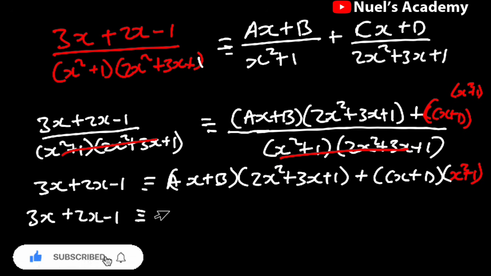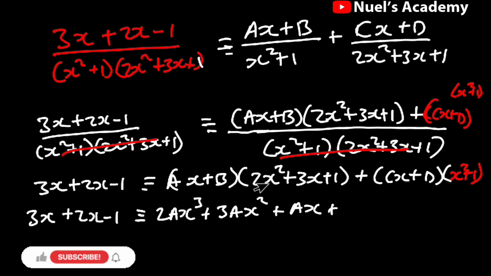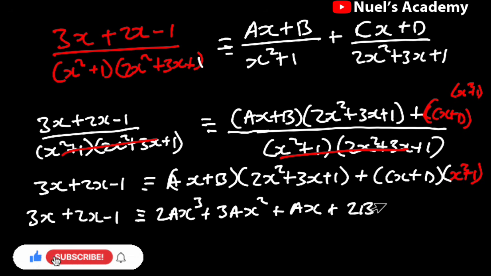Let's multiply out: ax times 2x^2 is equal to 2ax^3, then ax times 3x is equal to 3ax^2, plus ax times 1 is equal to ax. Plus b times 2x^2 is equal to 2bx^2. B times 3x is equal to plus 3bx.